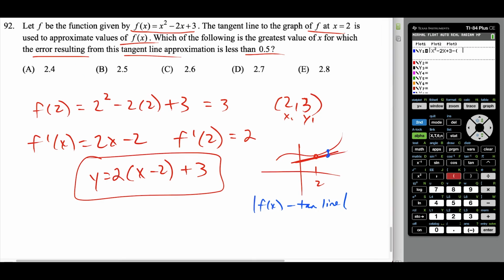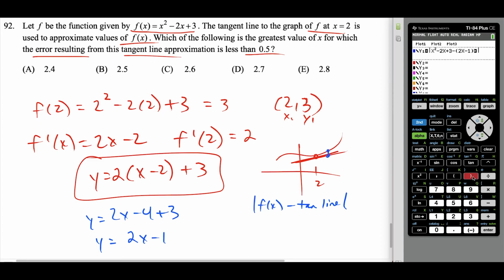This works out to 2x minus 4 plus 3, so just so it's a little bit easier to type in, that's going to be 2x minus 1. So I'm subtracting 2x minus 1. Remember, this represents the error of my tangent line approximation, but I want my error to be less than 0.5.